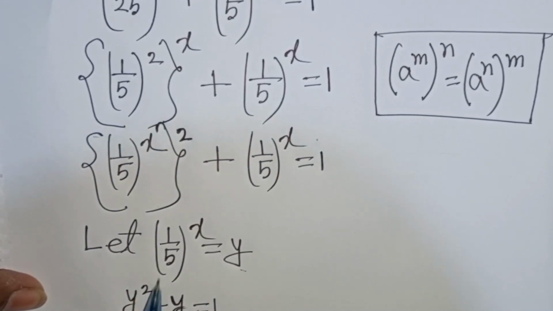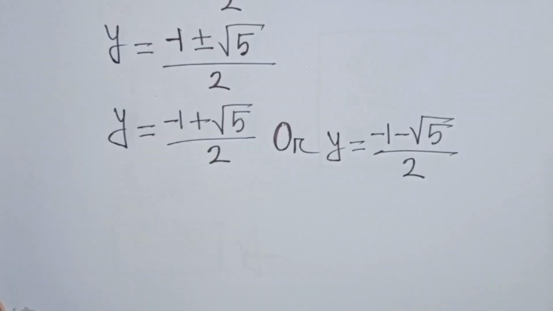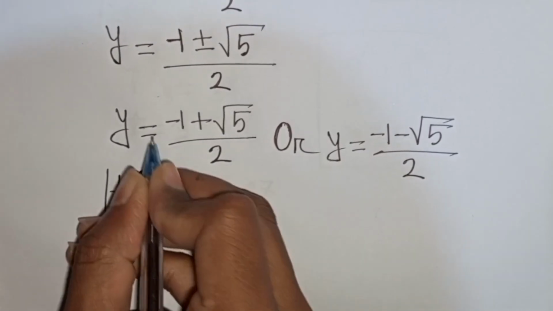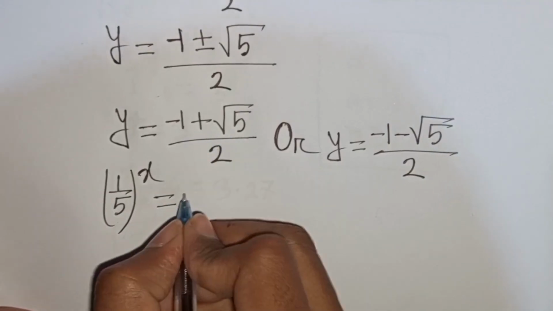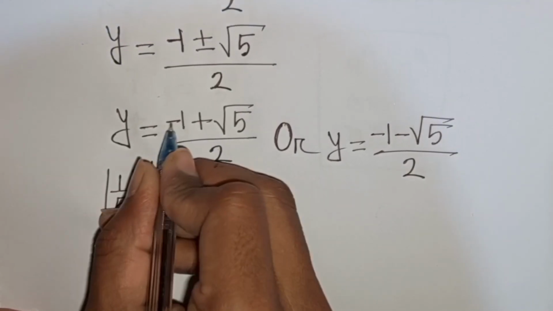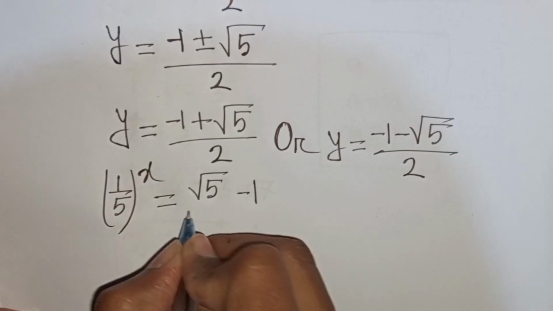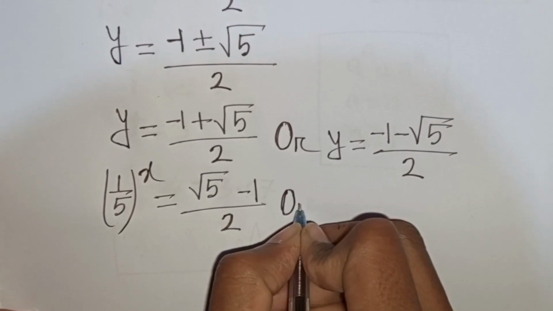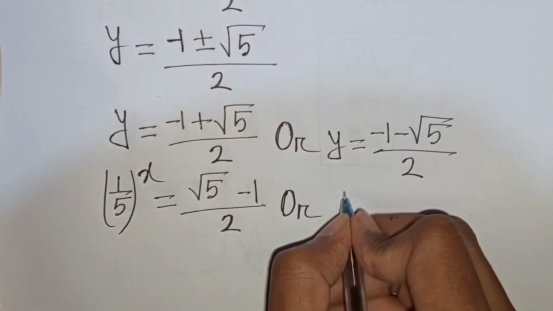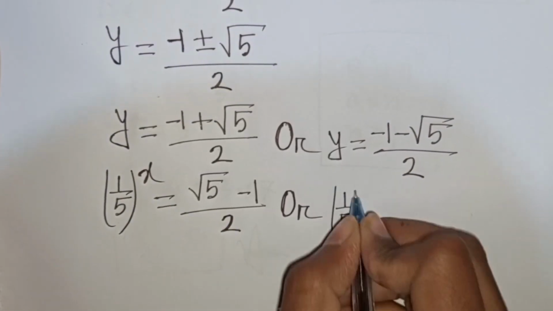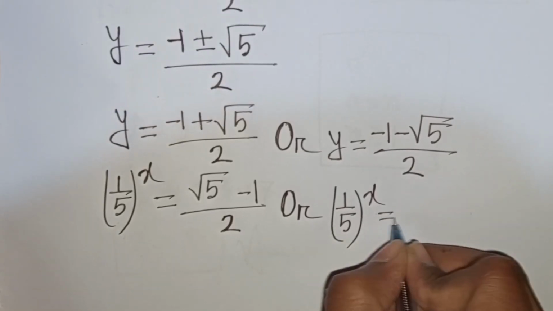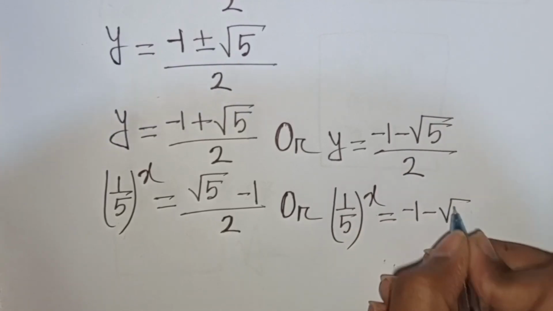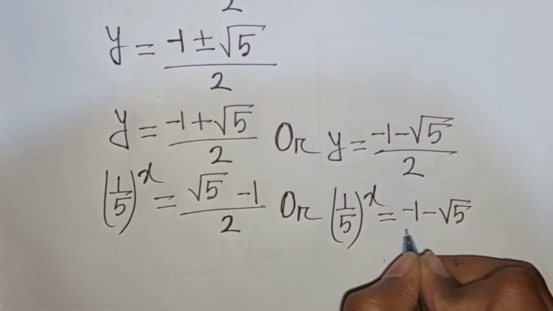So y, that means 1 by 5 bracket power x is equal to plus square root of 5, that means square root of 5 minus 1 divided by 2, or 1 by 5 bracket power x is equal to minus 1 minus square root of 5 divided by 2.